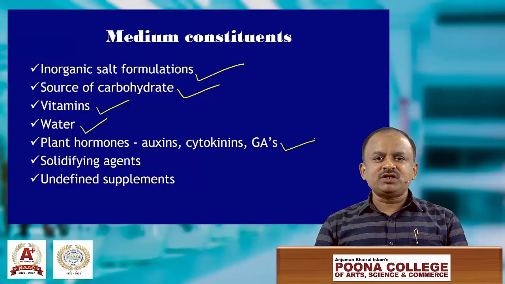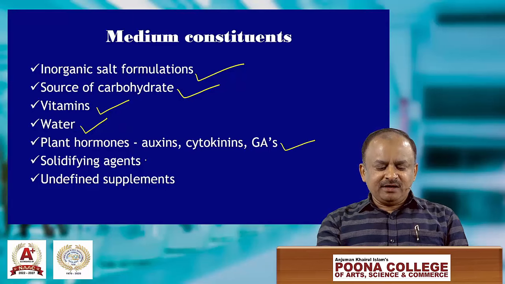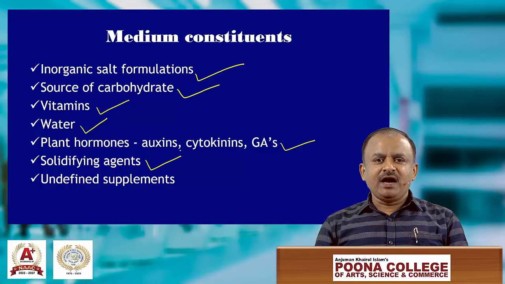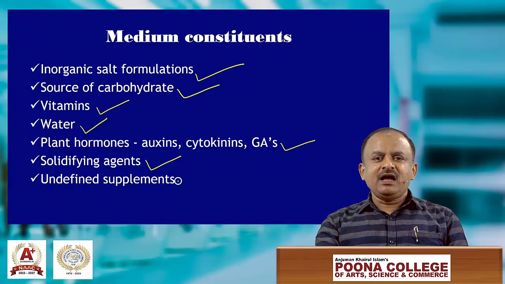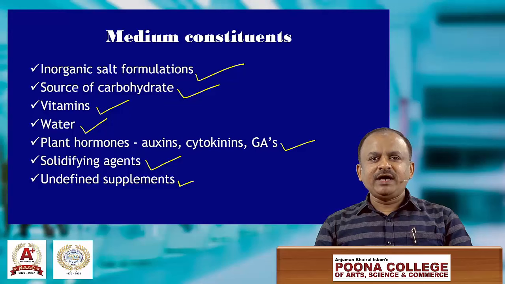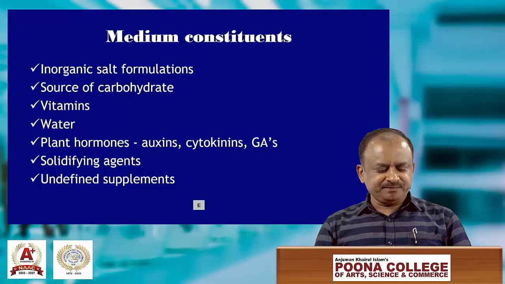In plant hormones, especially auxins and cytokinins in addition to gibberellic acids. Then solidifying agents like agar we have to consider. Then in addition to that, there are certain undefined supplements we have to consider while preparing the medium.